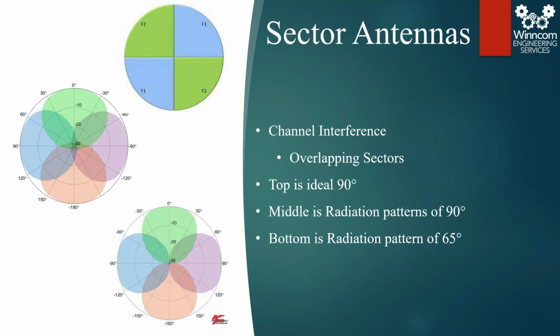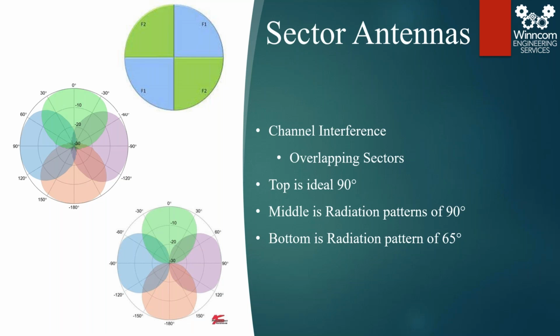The middle piece shows the actual radiating patterns of 4 90-degree antennas. So you can see by the colors how much one 90-degree will not only interfere with the channels next to it, but also the channel behind it. So that's actually really inefficient. You don't want to do that because of the interference. That's the middle one with 4 90s. Again, the recommended is going to be that bottom one there, the 4 65s. You have not much more null.